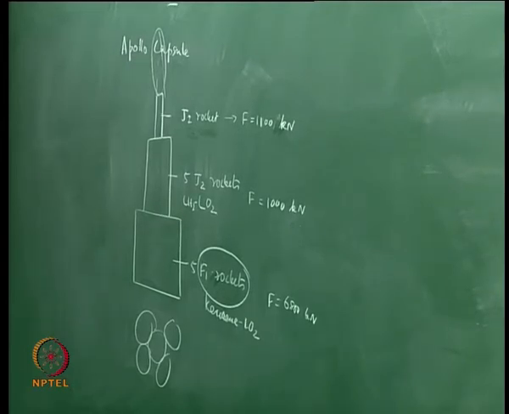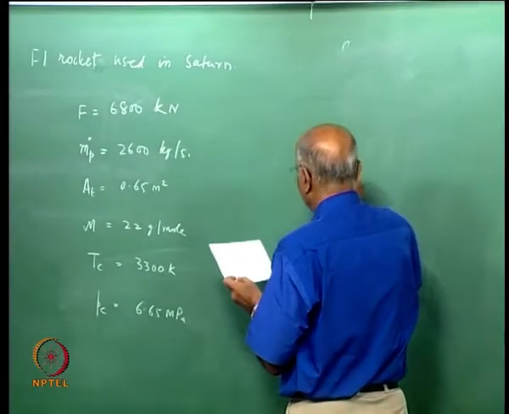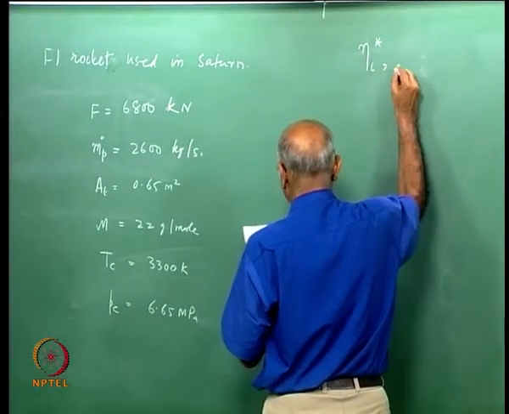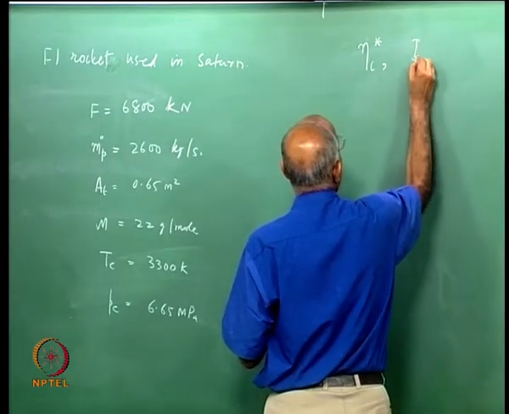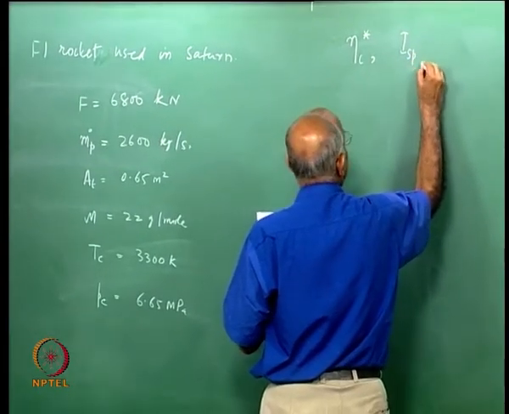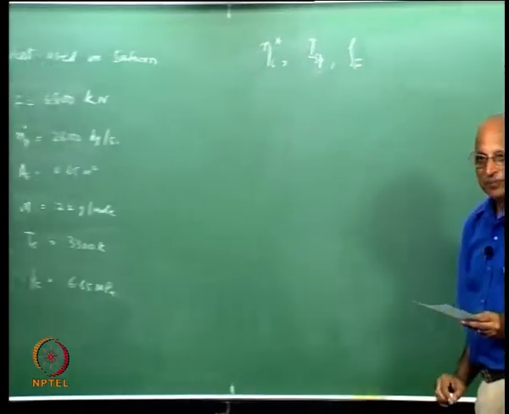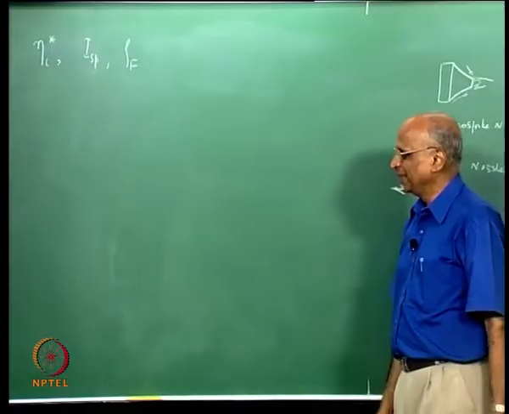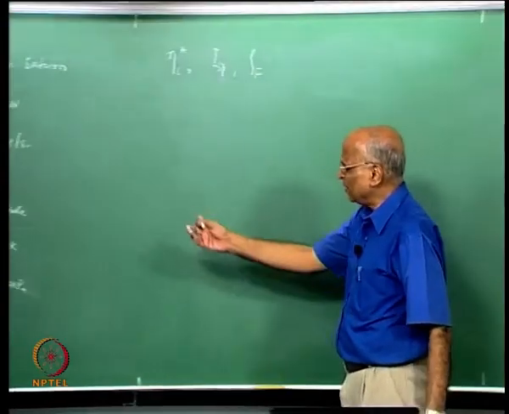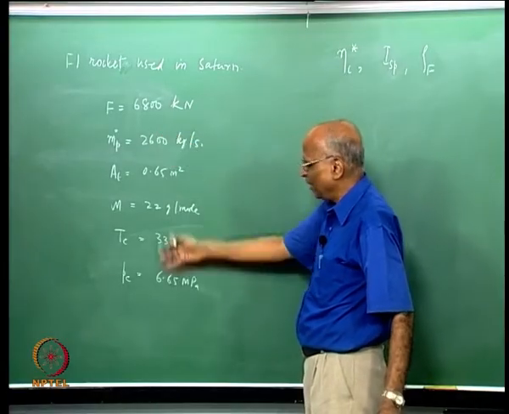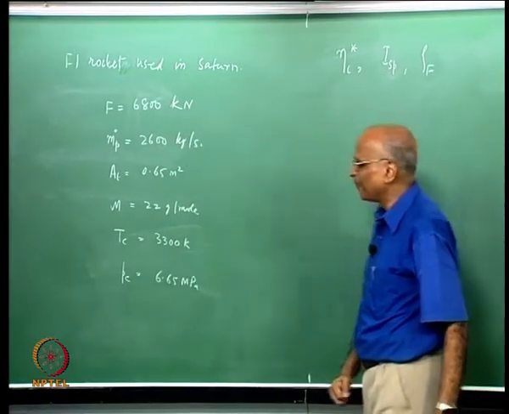Now I want to find out for this F1 rocket the value of eta C star, the value of ISP, and the value of thrust correction factor zeta f. Let us do it. Because the nozzle is there, the area is there, and how much propellant is burnt per second is known, I just want to do this problem.